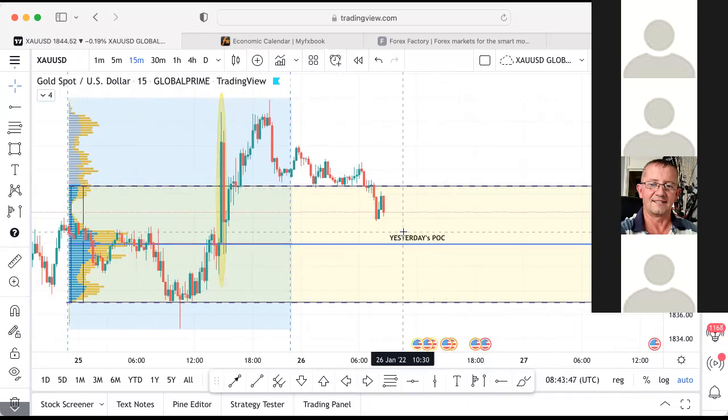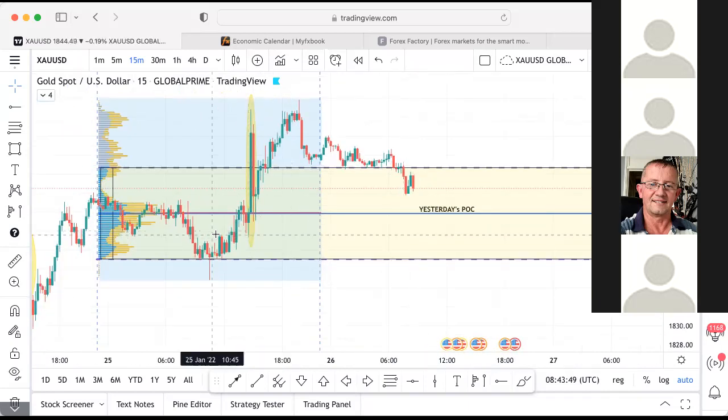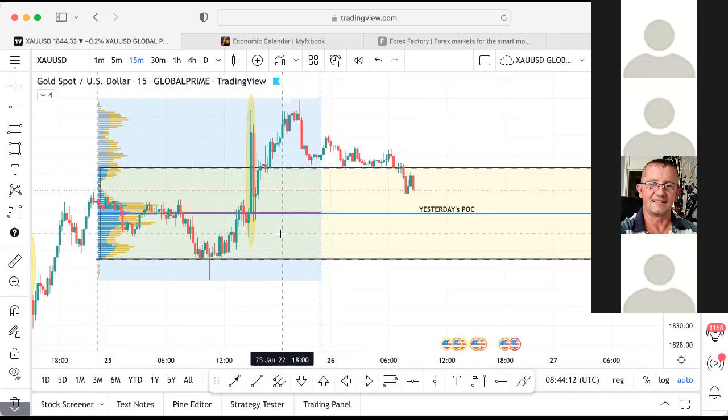And again, if we go back to yesterday, we were within that value area for quite a long time, and it touched the point of control a couple of times before it started the decline. So there would have been trades on yesterday's. I'm aware that this isn't yesterday's value area, but we'll just pretend it is for now.